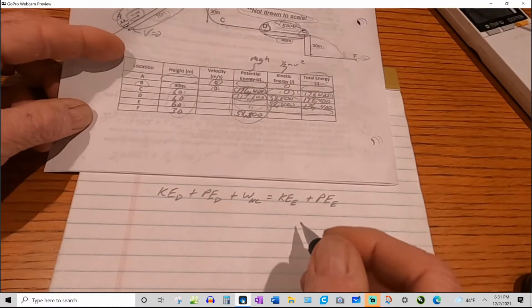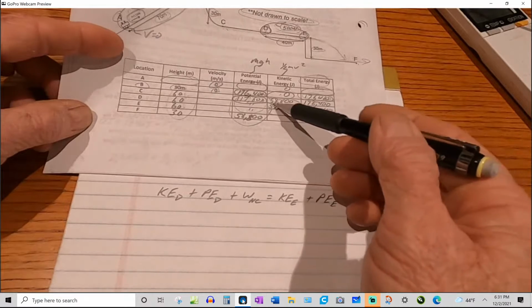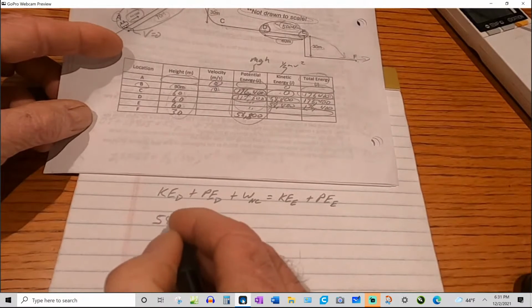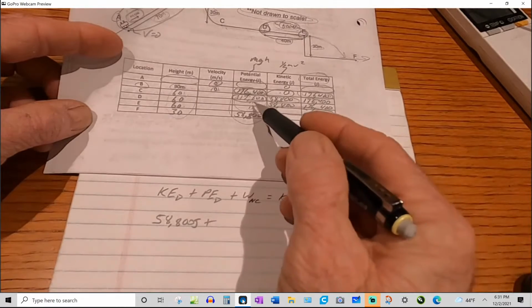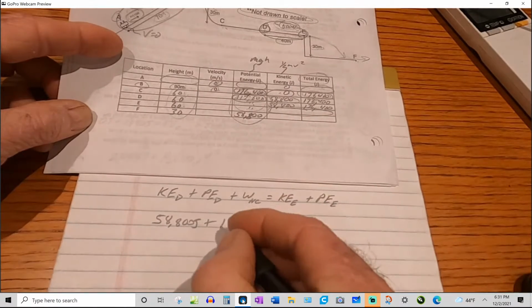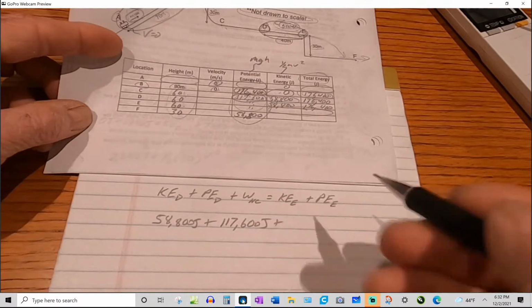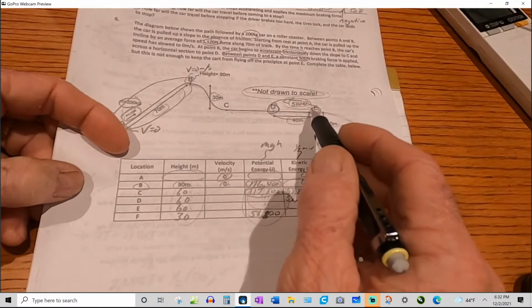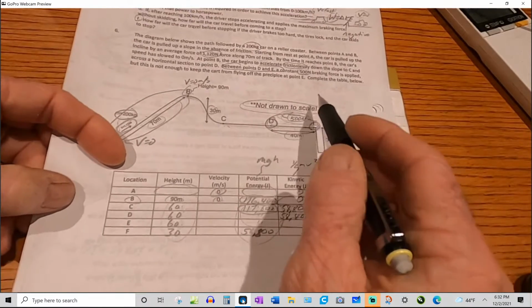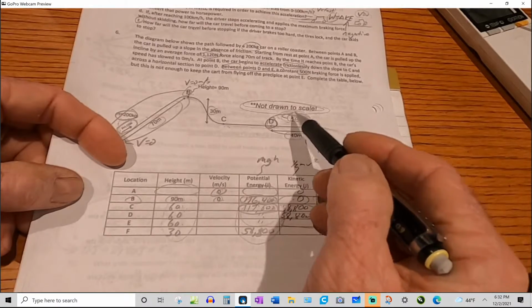And now I can plug some stuff in. The kinetic energy at D was 58,800. And the potential energy at D was 117,600. The work that's being done, since the car is going to the right, and the force, this is a braking force, it's a leftward force, it's going to be a negative 500 Newton force.